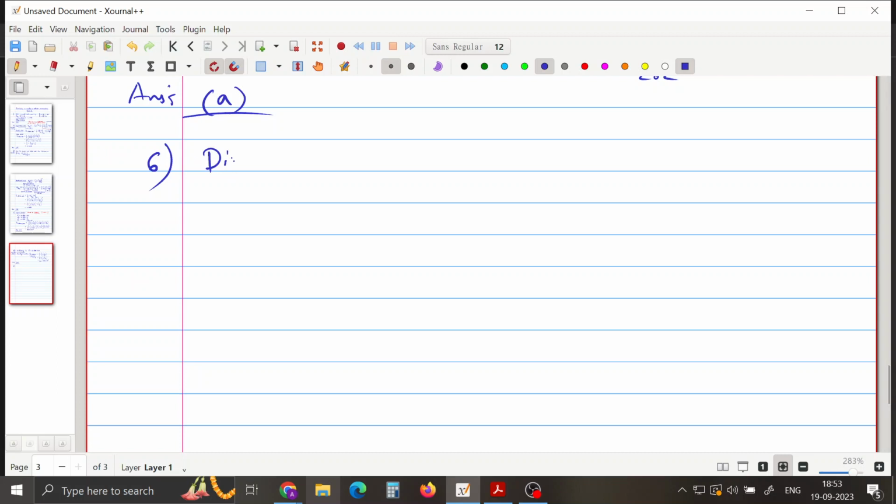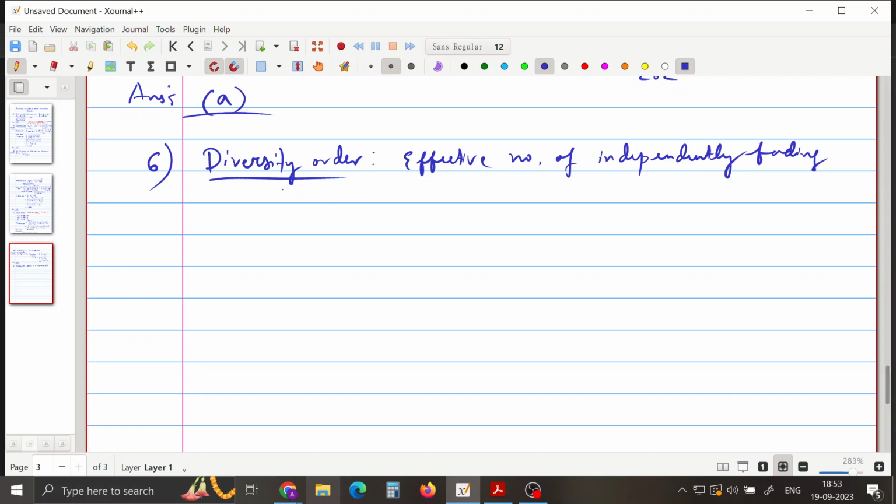So diversity order is actually defined as the effective number of independently fading antenna elements.